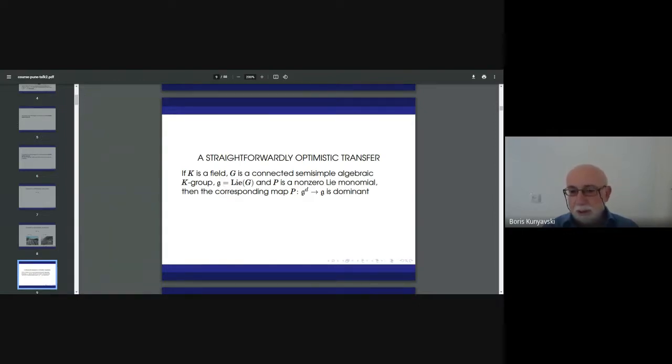So what's a Lie monomial? For instance, you consider a commutator in our group, say x comma y, which in the sense of groups means xyx^{-1}y^{-1}. And you attach to this expression the same, so to speak, expression [x,y] in brackets, which corresponds to the Lie operation.